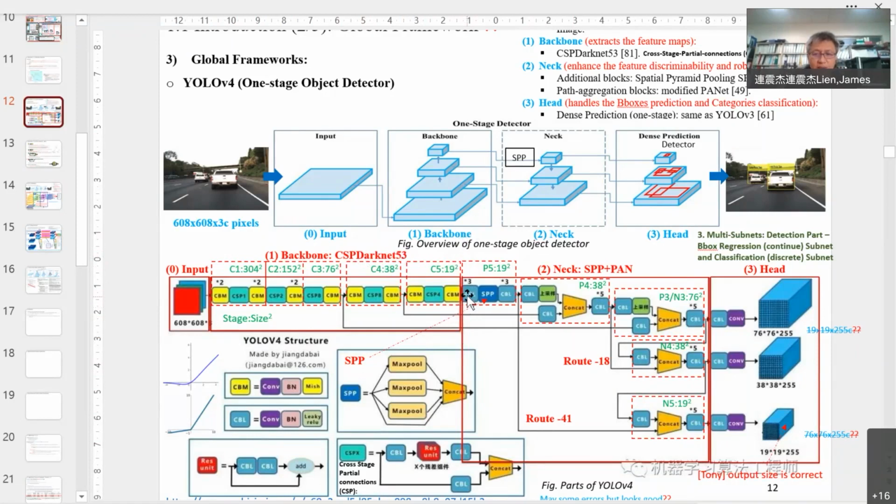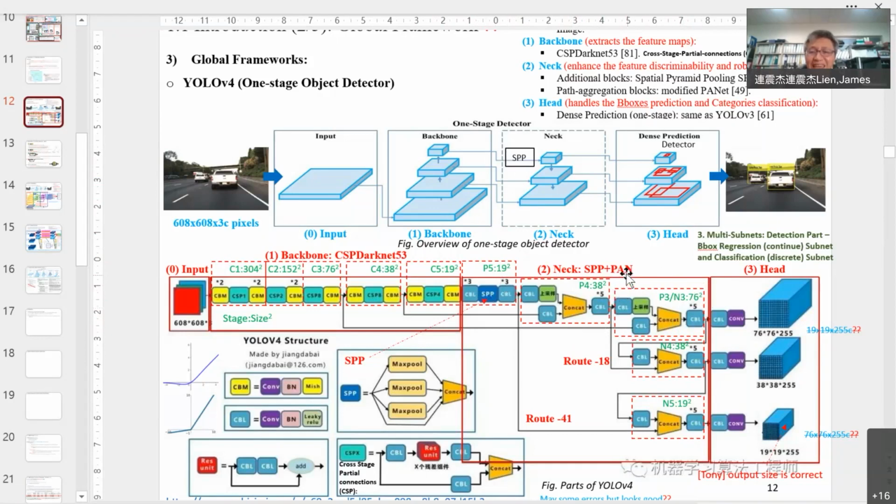Okay, and then from C5 to P5, they have SPP here. So SPP is here, and this is P5. Okay. And P5 upsampling to P4, upsampling to P3. So this one is the feature pyramid network.